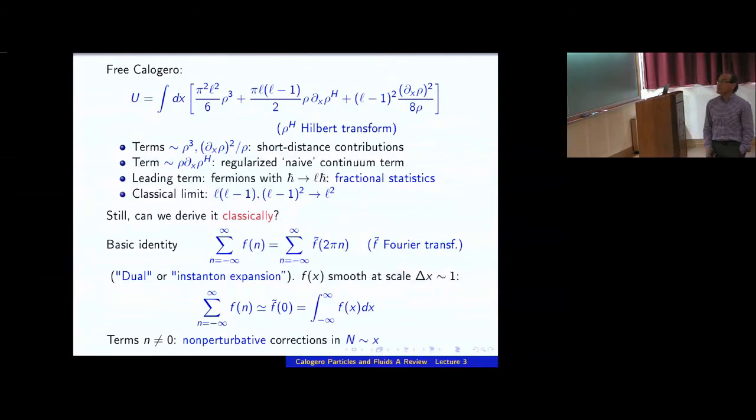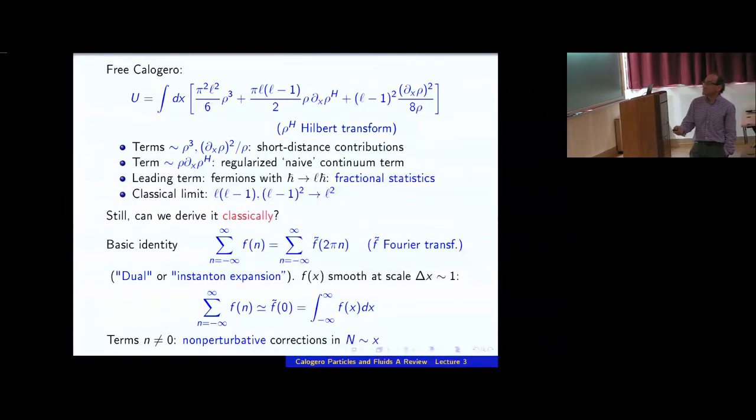And for such smooth functions, you know that the Fourier transform will be dominated by the term n equals 0, and all the higher terms will be highly suppressed. Therefore, for such smooth functions, in the sum on the right-hand side, only the zero momentum term, n equals 0, will contribute, which is simply the integral.